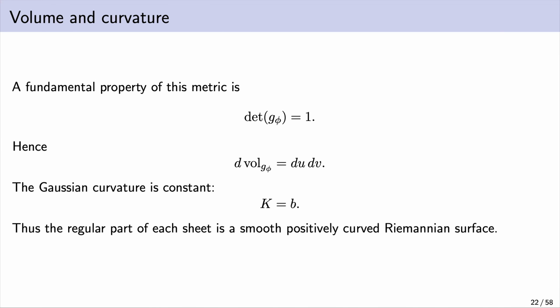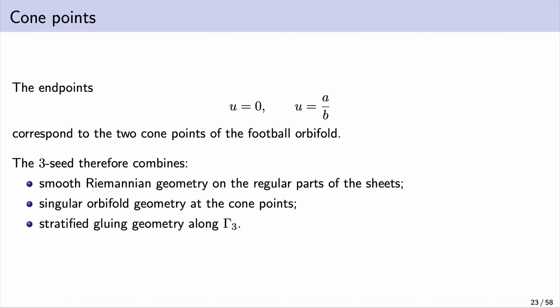All right, so volume and curvature. The fundamental property of this metric: the determinant of G phi equals 1, the volume form is du dv, and the Gaussian curvature is constant, K equals B. So the regular part of each sheet is a smooth, positively curved Riemannian surface.